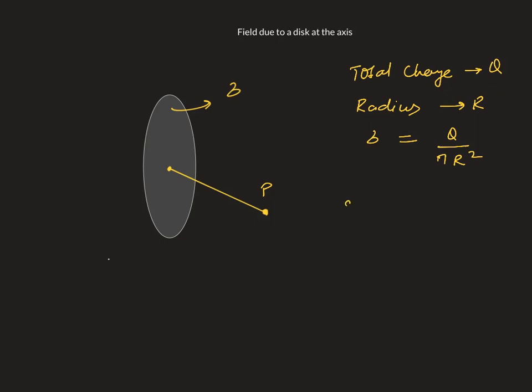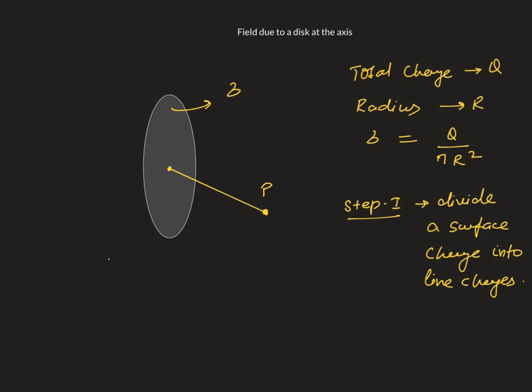In the step 1 that I told you in the last case, step 1 was divide a surface charge into line charges. Divide a surface charge into line charges.